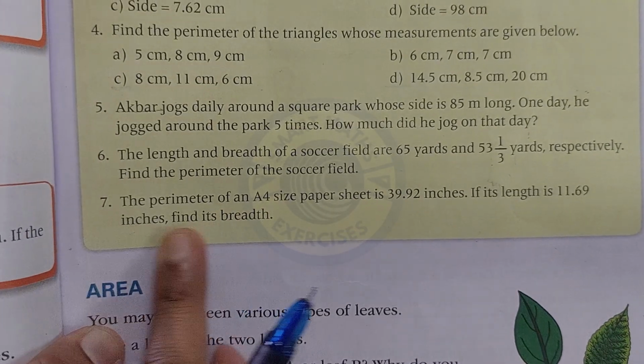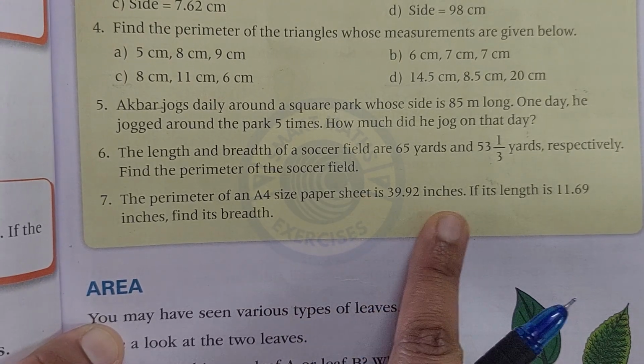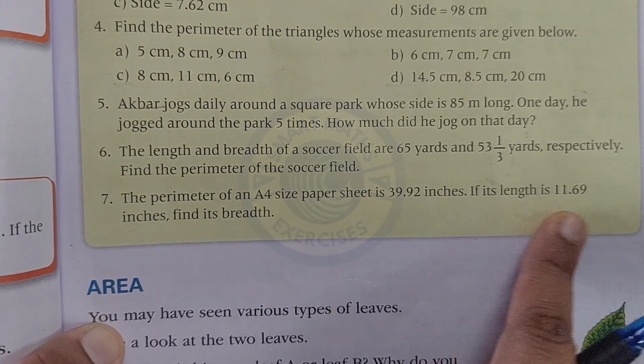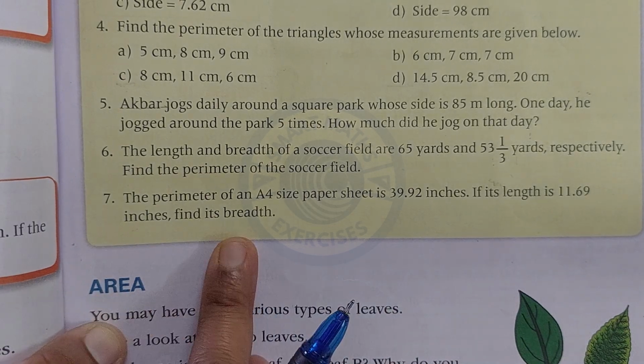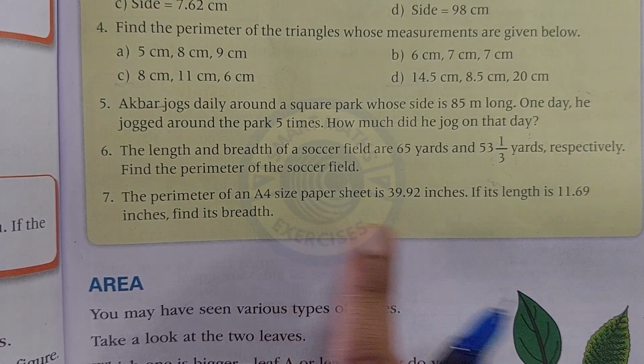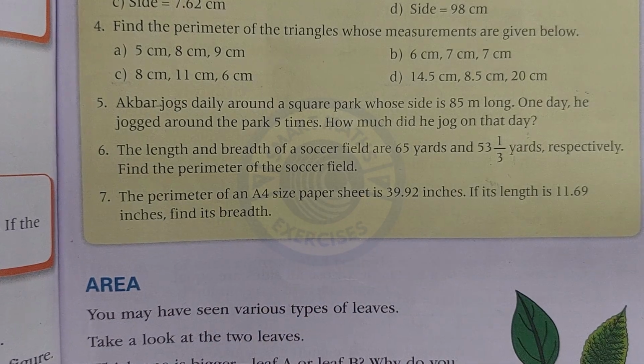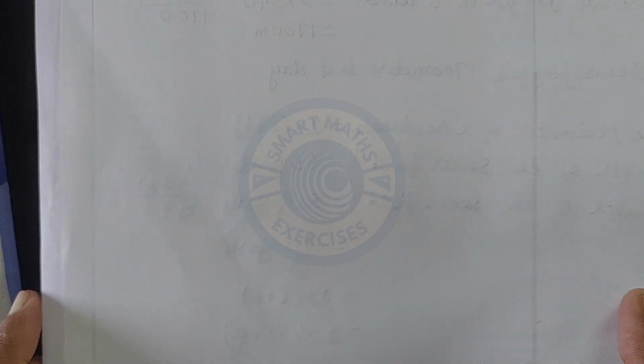Next question. The perimeter of an A4 size paper sheet is 39.92 inches. If its length is 11.69 inches, find its breadth. A4 size paper, it is a rectangle and length is given, breadth is not given, so it is a rectangle. We have to find out perimeter of rectangle.